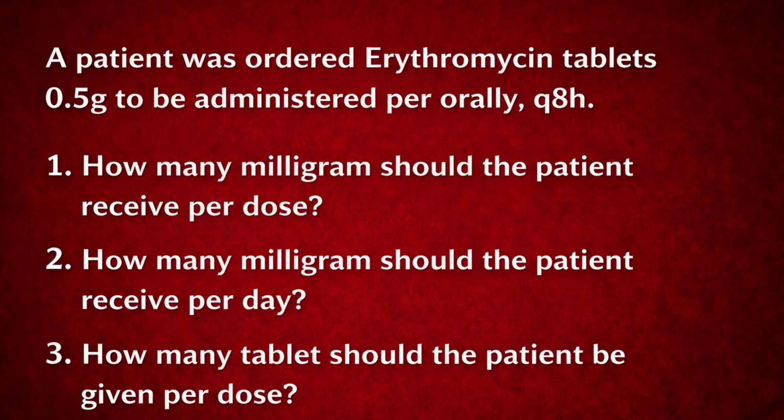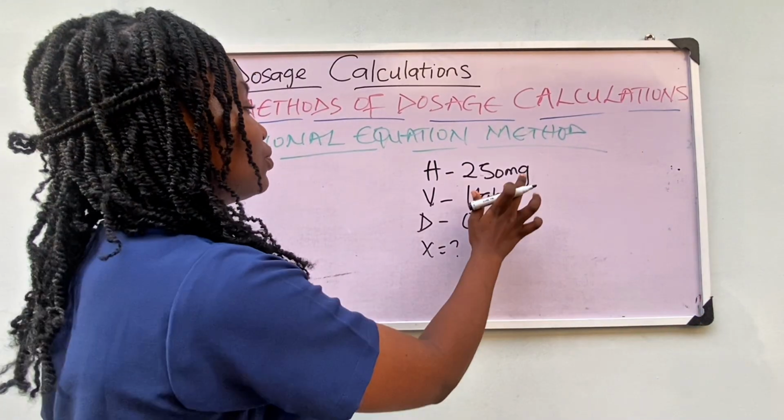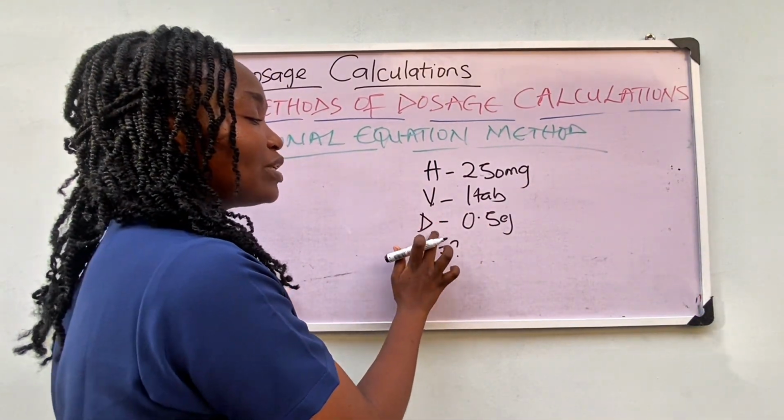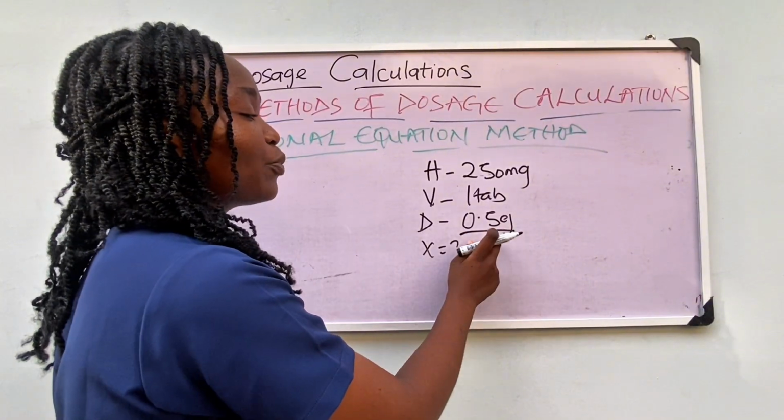The first thing we want to do is to input our figures to get what we need. The drug we have from the example was 250 milligrams per tablet, which is the vehicle, and the drug we desire, which was the prescription, was 0.5 gram.